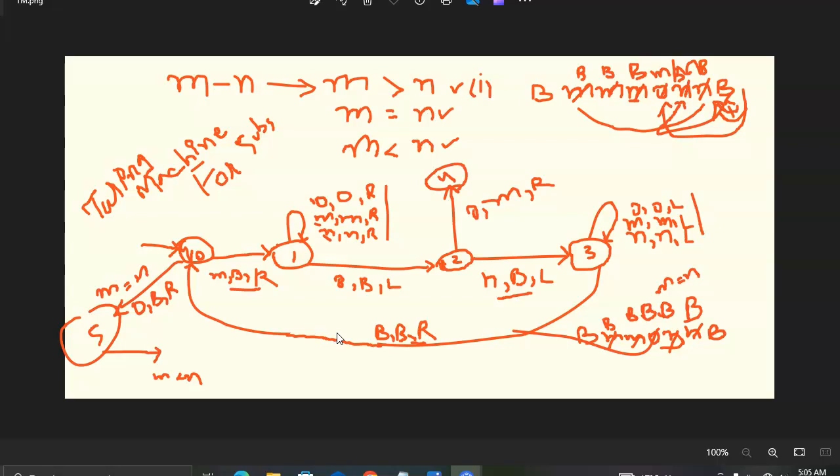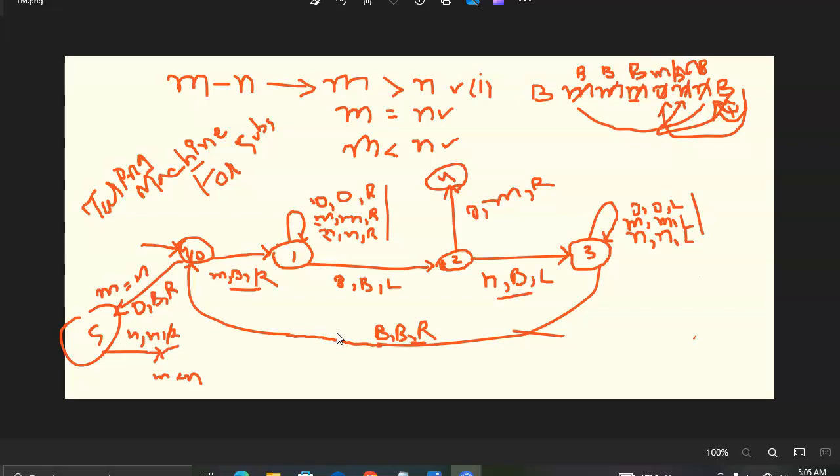So here what we are going to do is leave the n that we would be having after replacing 0 with blank. We are going to replace the remaining n's with n's, and then we would be moving towards the right.